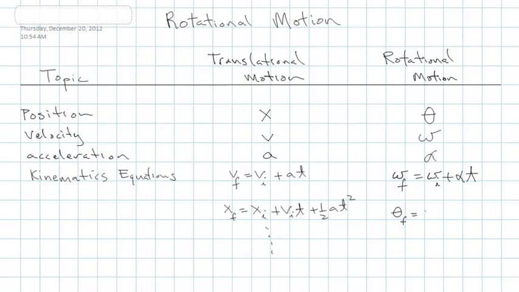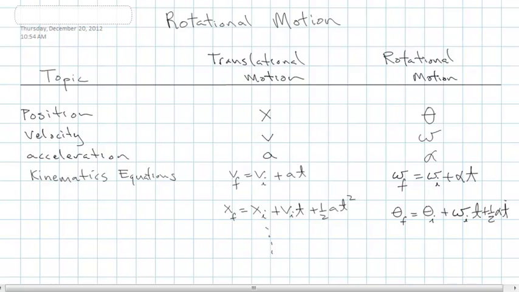Theta final is theta initial plus omega initial t plus 1/2 alpha t squared. And the other ones follow along similarly. So this is the first chapter using theta, omega, and alpha instead of x, v, and a to describe motion and come up with rotational kinematics equations.